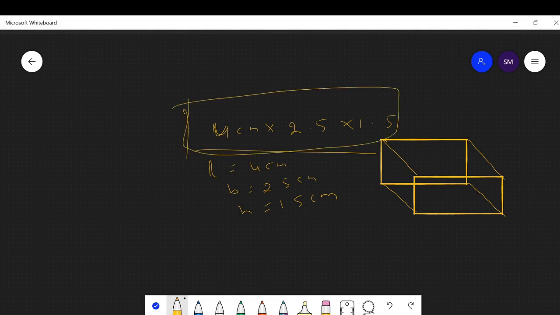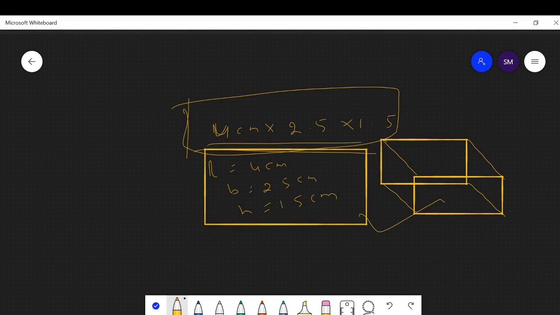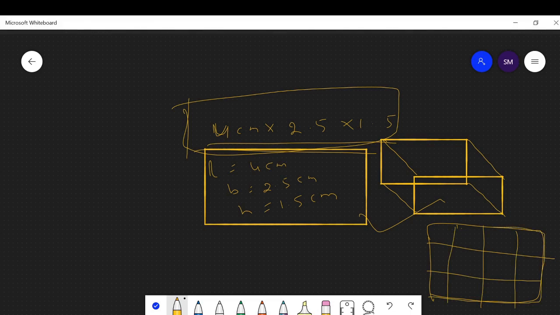The pack contains 12 such matchboxes. Then what is the volume of this pack? This contains 12 boxes.